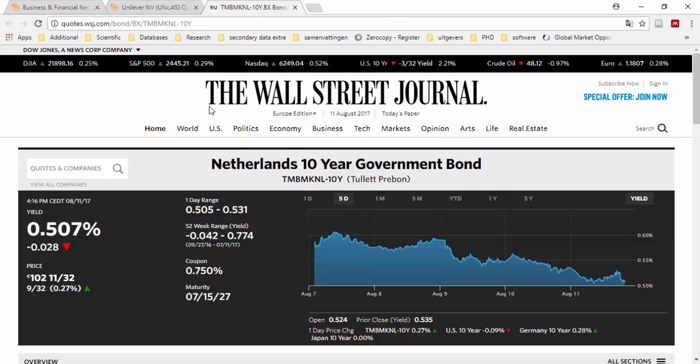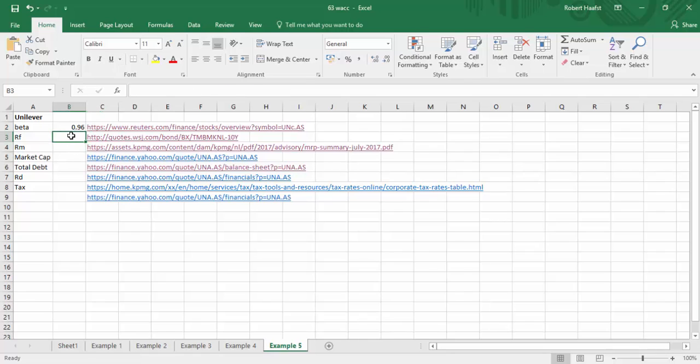Unilever is a Dutch company, traded in, amongst others, Amsterdam. So we take the 10-year government bond of the Netherlands, which is at the moment a very low risk-free rate of 0.507%. Let's get back to Excel. So, 0.507%.